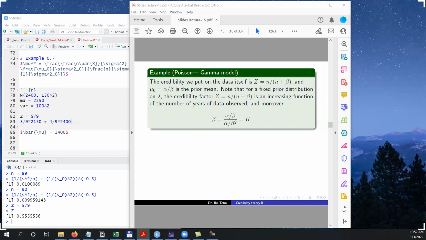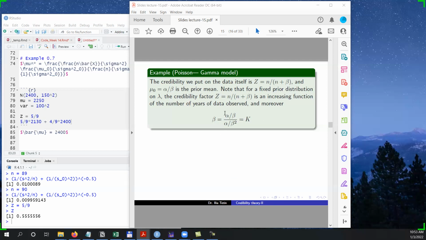So after collecting the sample information about claim numbers over n years, we will have these values of Z and beta. So beta is actually alpha over beta squared.